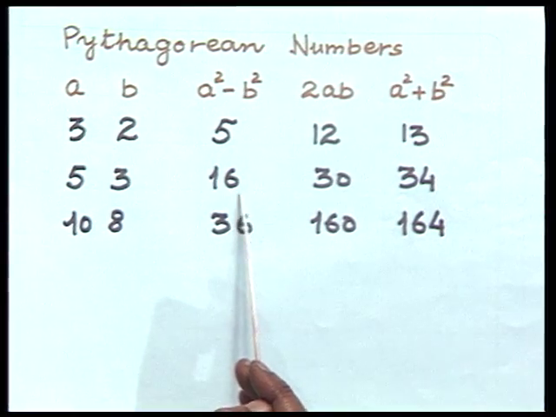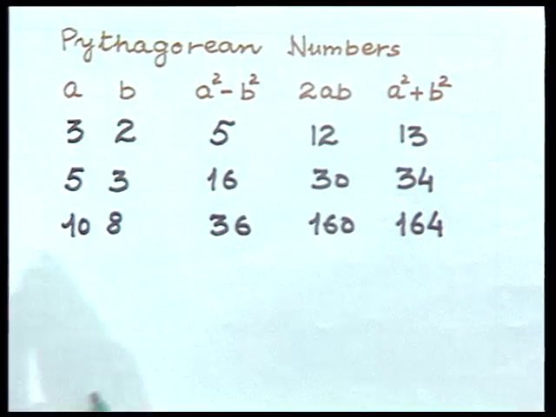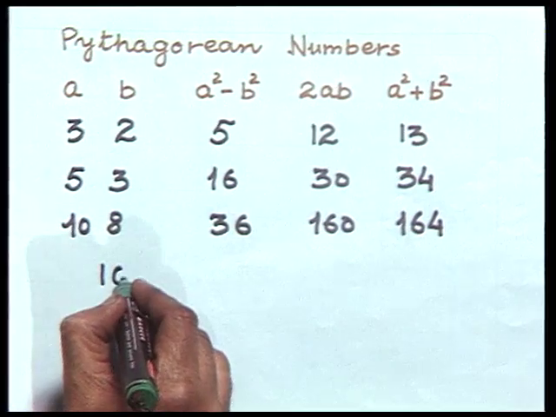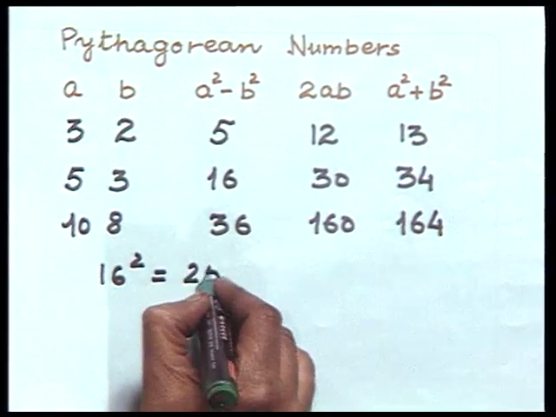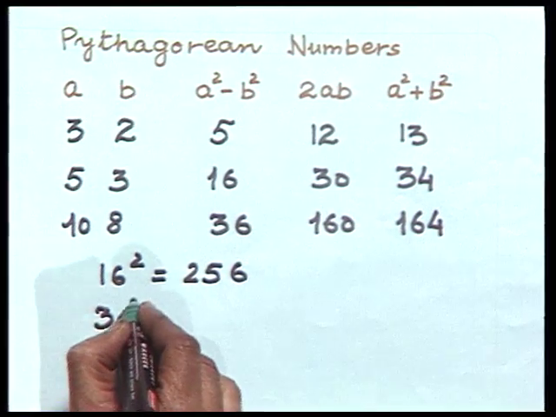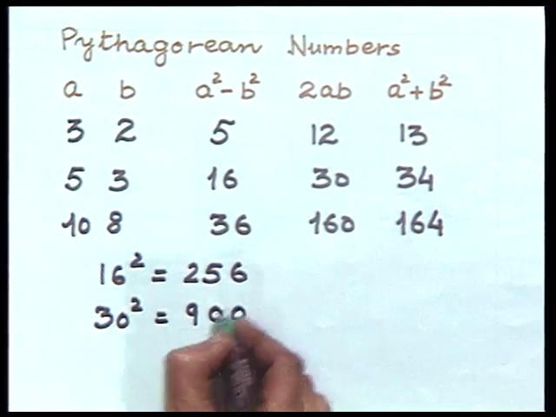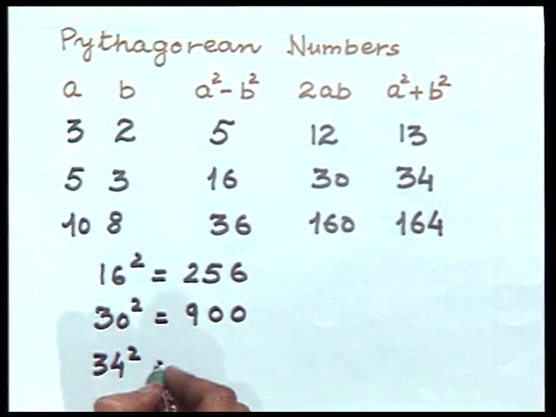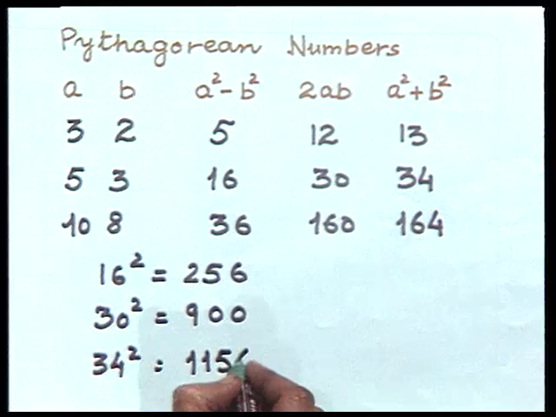Let us take this triplet 16, 30 and 34 and examine whether they satisfy the property or not. Now, 16 squared is 256, 30 squared is 900 and 34 squared is 1156.